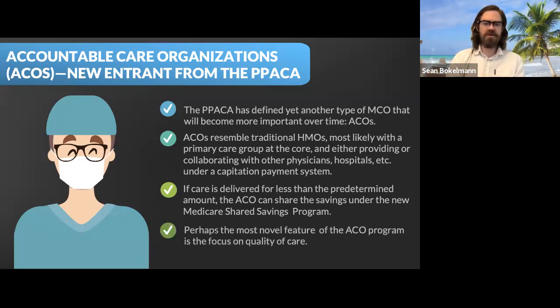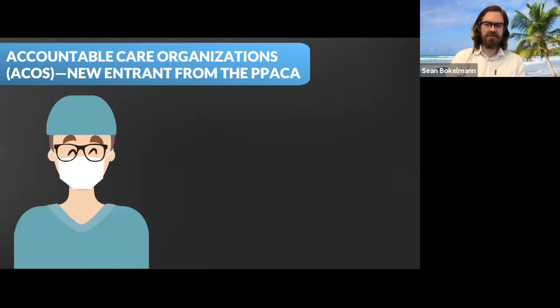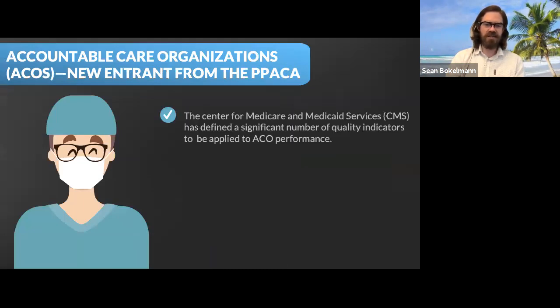And this is perhaps the most novel feature of the ACO program, which is a focus on quality of care. That's really what the accountability is. It's accountability in terms of quality. So this is something that's relatively new. It'd be interesting to see what the latest edition of this book has to say about this.